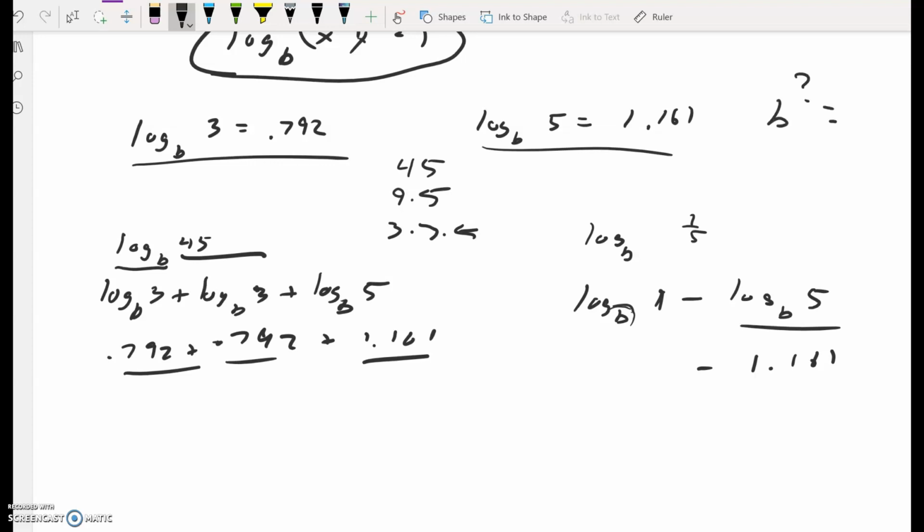B to some power equals 1, but isn't a number like 7 or 8 or 9 to the 0 power always 1? So this is 0, and I can do that subtraction for you. It's going to be negative 1.161. So these problems, somewhere around problem 59 on page 810, they're just little puzzles. You're given some information, and you try to puzzle together the answers to the problems.